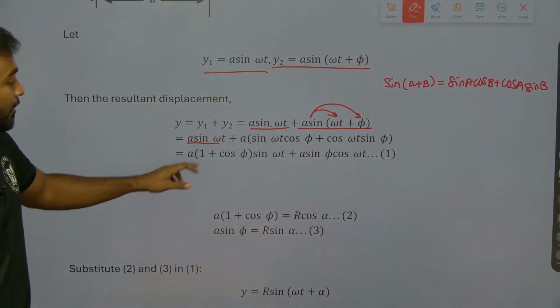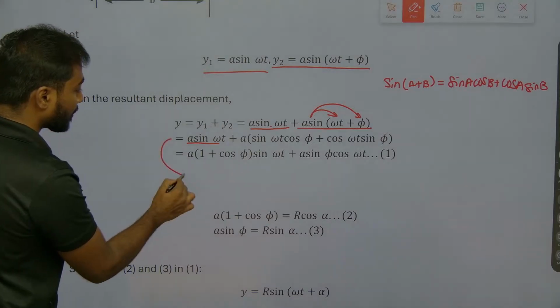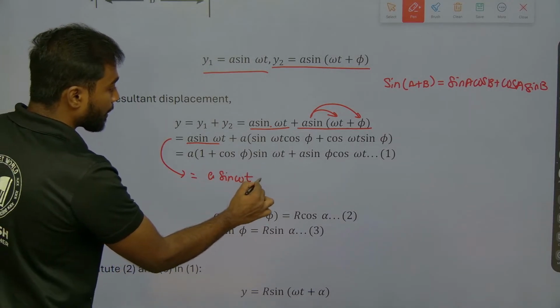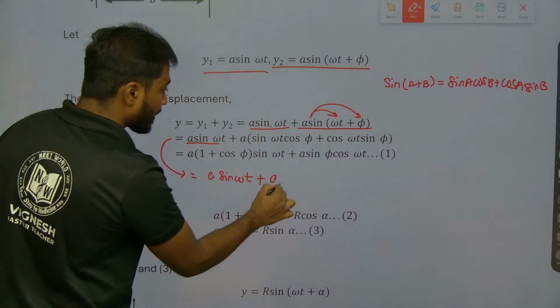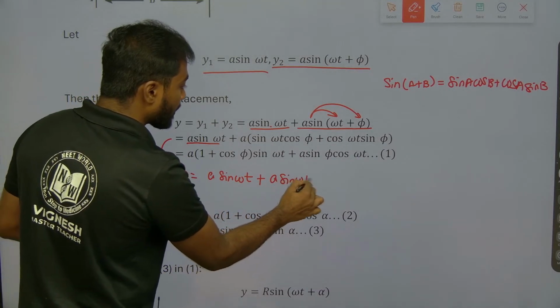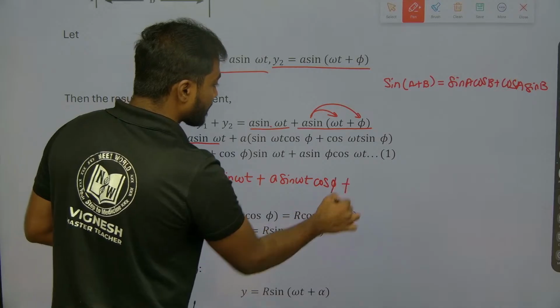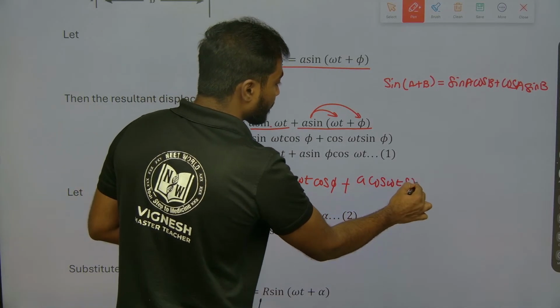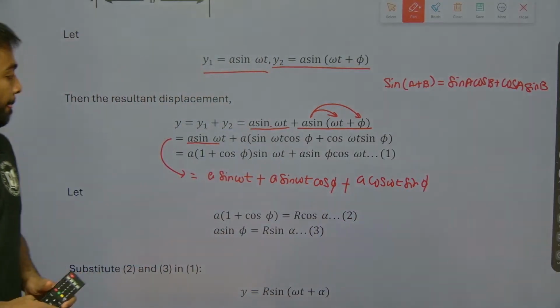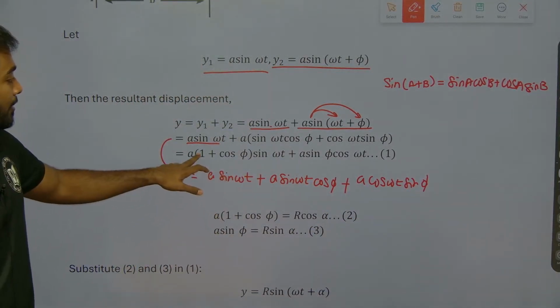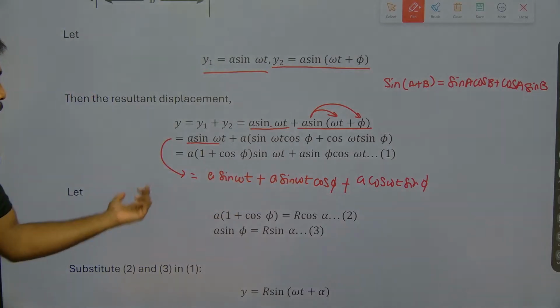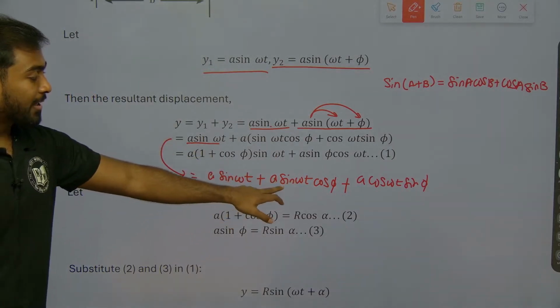So now we can expand it here. I can say that it is a sin omega t plus a sin omega t cos phi plus a cos omega t sin phi. From this we have taken a sin omega t commonly outside, which is 1 plus cos phi.